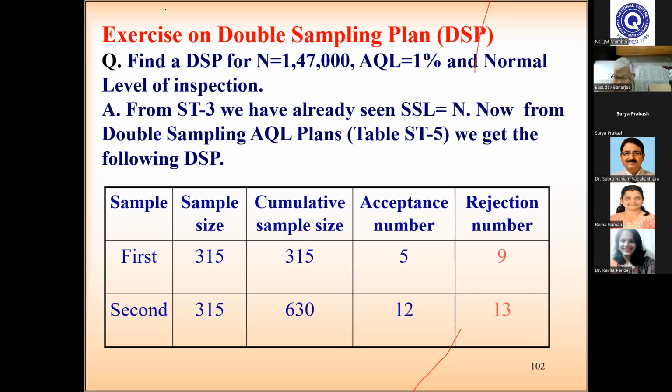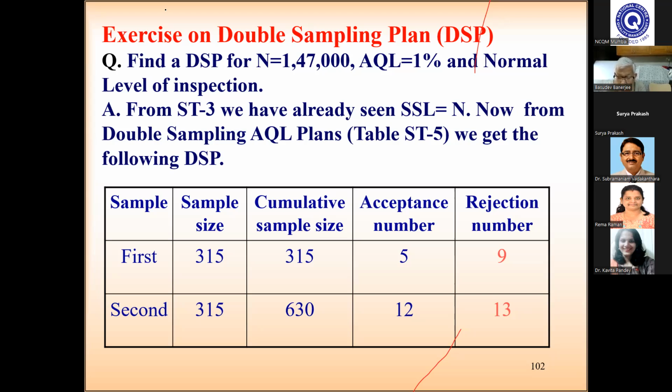If it is more than that, it has to be rejected. It is 9 and above to reject it. And then you have to go to the second sample if the number of defectives in the first sample is between 5 and 9, that is, 6 to 8.